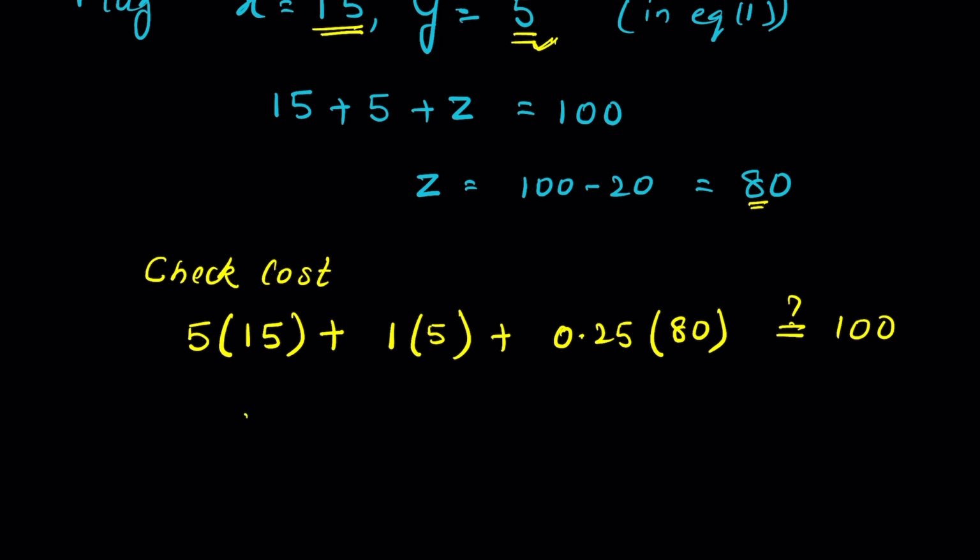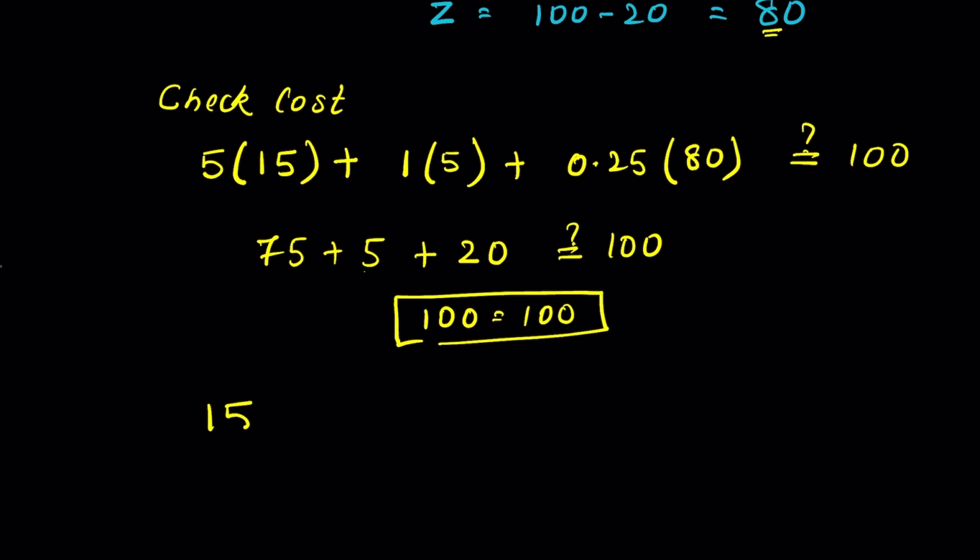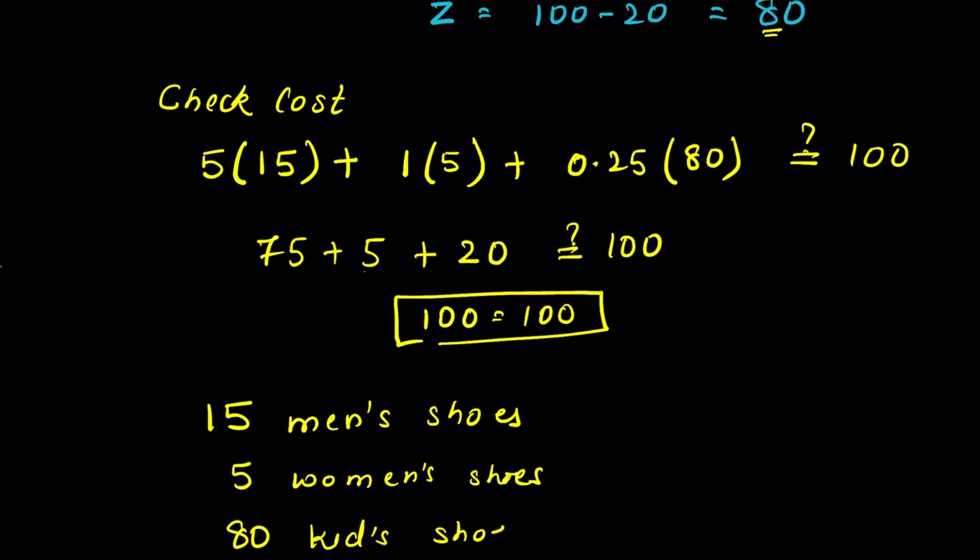So 5 times 15 is 75, plus 5, plus 20. 75 plus 5 is 80, plus 20 is 100. LHS equals RHS. Therefore, 15 men's shoes, 5 women's shoes, and 80 kids' shoes. So this is our answer.